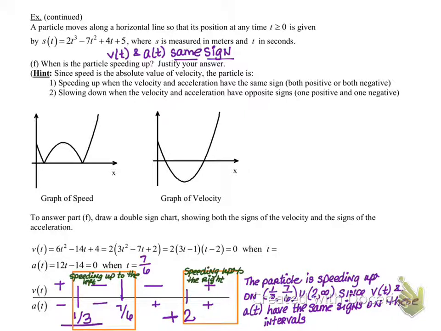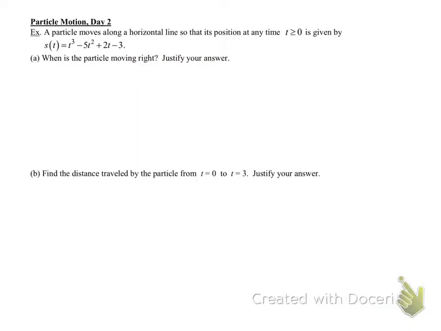However, instead of writing 1/3 to 7/6 union 2 to infinity, which I think is kind of foreign to y'all, since your textbooks haven't used it very much, you could just say 1/3 is less than t is less than 7/6, and 2 is less than t. Those two things mean the same thing. Okay. Onwards and upwards.